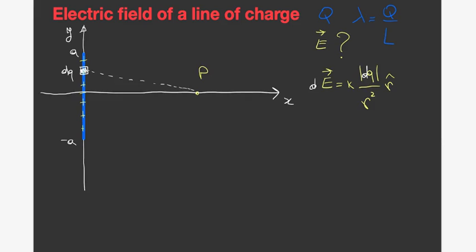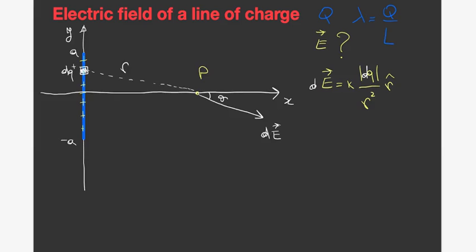If I connect the charge dq with the point P, and because dq is positive, I will have that this dotted line is the distance r, and the vector here is the infinitesimal dE vector, forming, let's say, an angle theta with the x-axis.